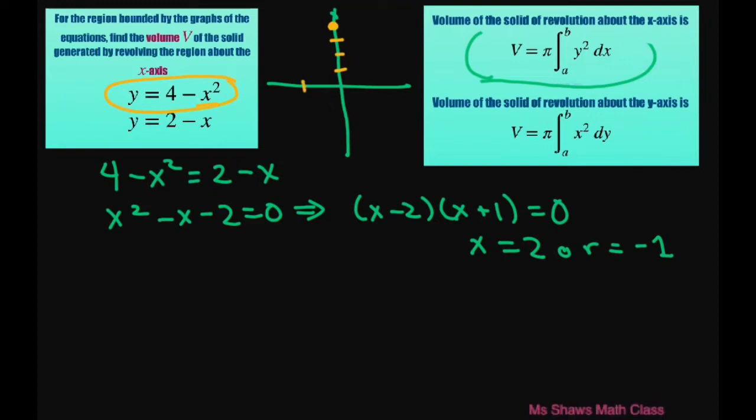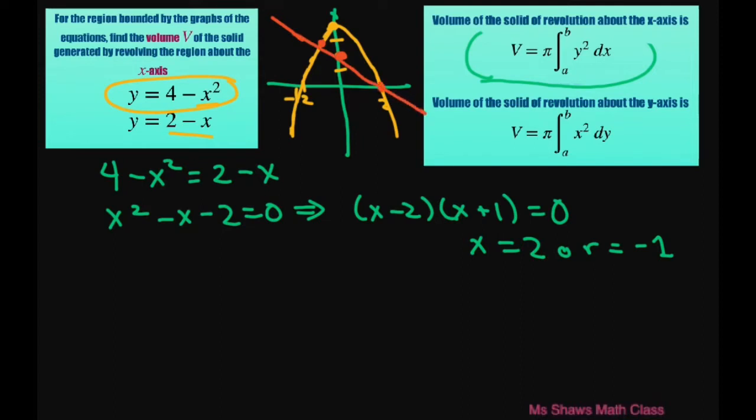So this is negative 2, and I'll put this as 2. It opens down like this. And this one is your line with the y-intercept at 2 and the slope of negative 1. So it's something like this.